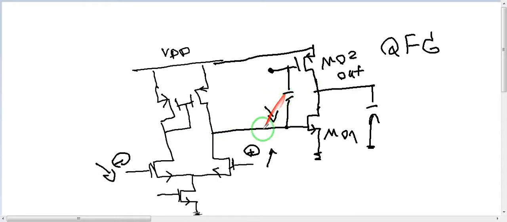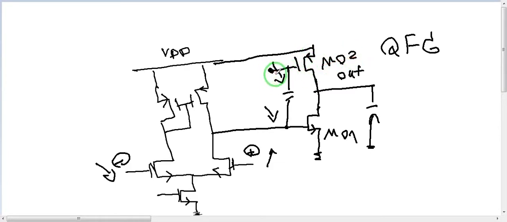This is a common source, so this one also goes down, so the biasing will not be constant, and so MO2 can charge the output with not very limited current. So the current of MO2 will not be limited to the bias over here.